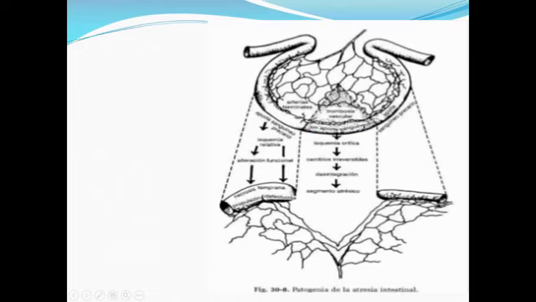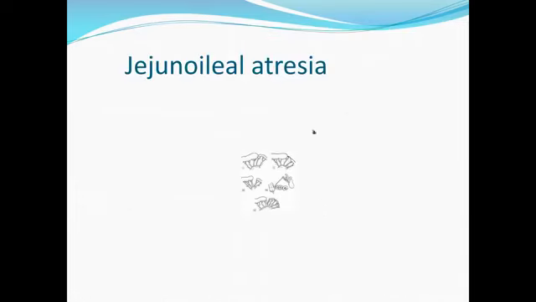Here it is seen that some portion has developed, but due to some vascular hazard or insult, some portion may become ischemic or necrosed and be lost, creating a gap in the intestine. So this is called intestinal atresia. Jejuno-ileal atresia.